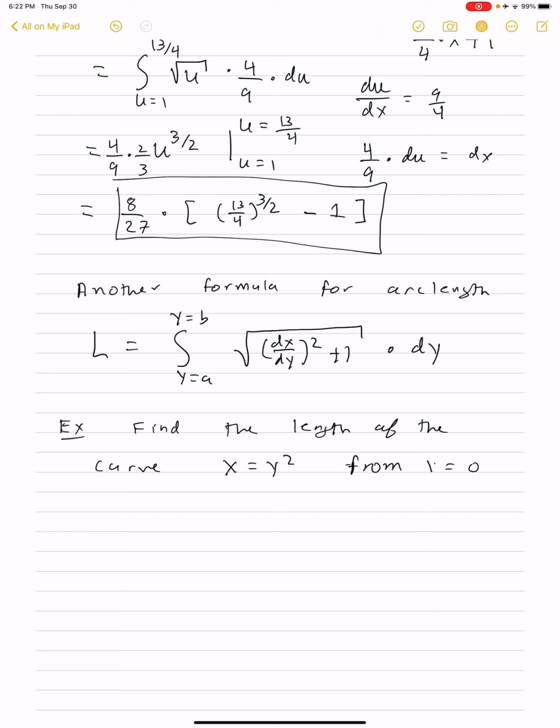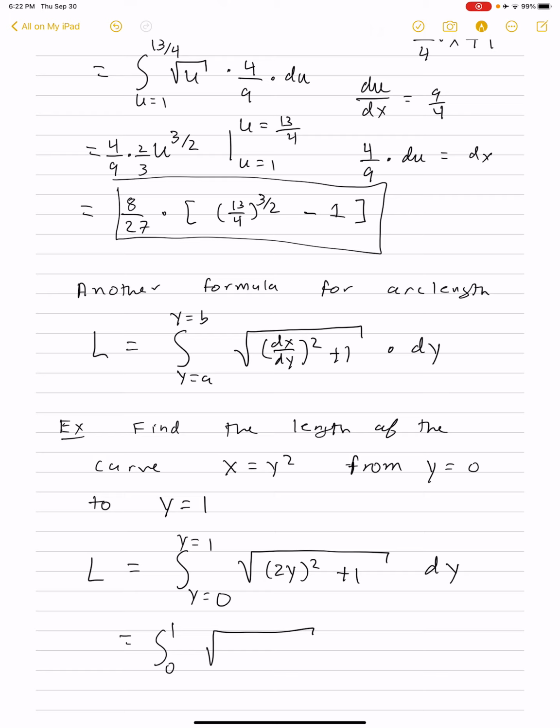It's from y equals 0 to y equals 1. Here we just apply the formula. So this will be the integral from y equals 0 to y equals 1 of the square root of, the derivative of x with respect to y is 2y, we're going to square that, add 1, and we integrate with respect to y. We clean this up. This is the integral from 0 to 1 of the square root of 1 plus 4y squared dy.